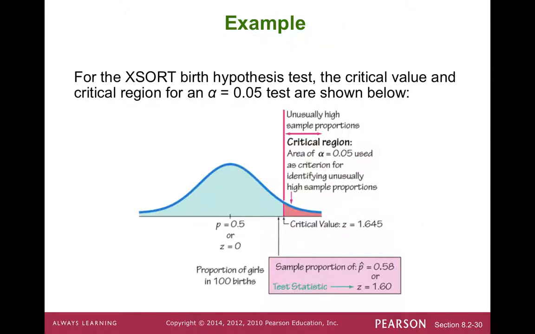So here's an example. Going back to our same example that we were using, we calculated for our test group that we had a z of 1.6 and that our sample proportion was 0.58. Now, if we were to use, for example, a significance level of 0.05, we would find that our critical value that corresponds with 0.05, and again, this was the same from chapter 7 that we saw, would be 1.645.